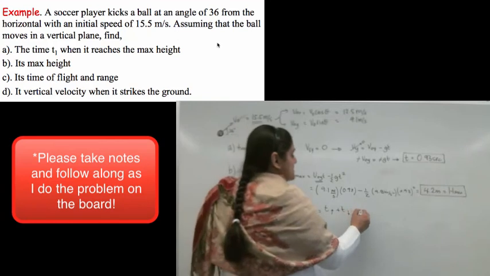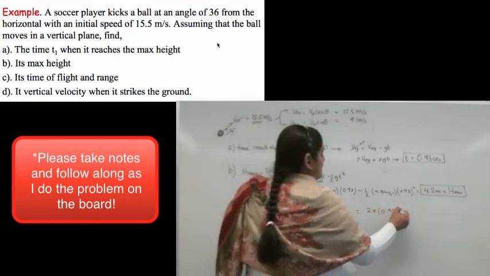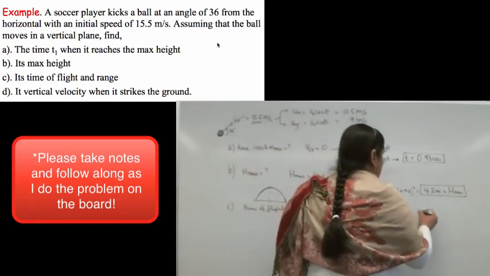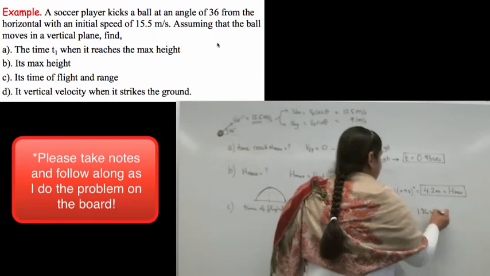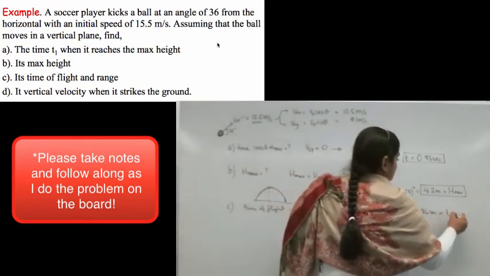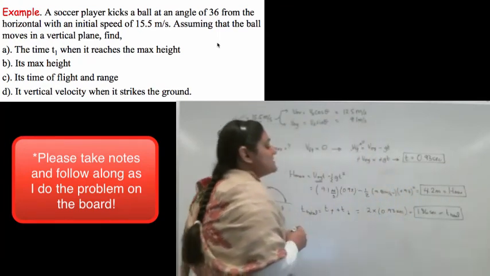So this means it is going to be 2 times 0.93 seconds, and it comes out to be 1.86 seconds. So t total will now be equal to 1.86 seconds.